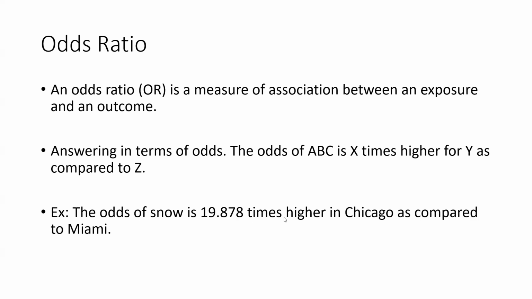The odds of snow is 19.878 times higher for Chicago as compared to Miami. It could be lower depending on the type of problem or what we're looking to demonstrate. So odds ratio is just a way of presenting the comparative frequency of occurrence.